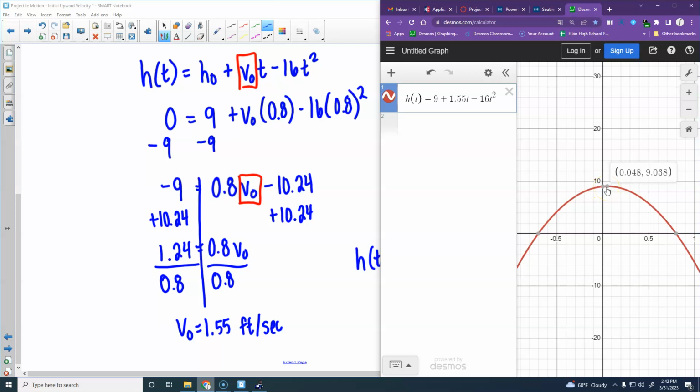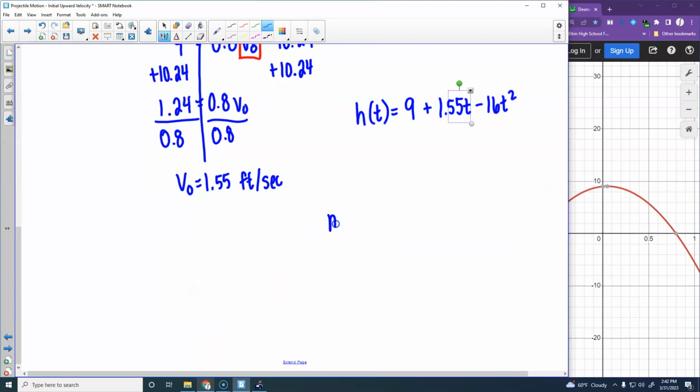On this particular problem, we're asked for maximum height. So that's going to be this point right here, and it's going to be at 9.038. So our maximum height is going to be 9.038 feet.